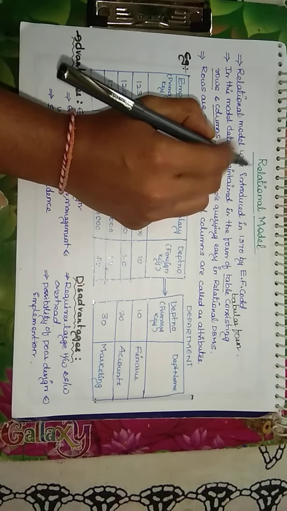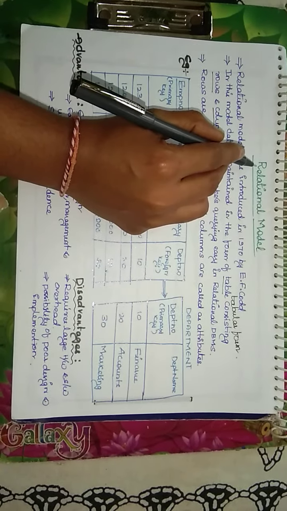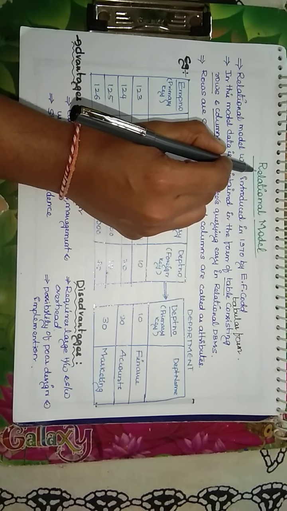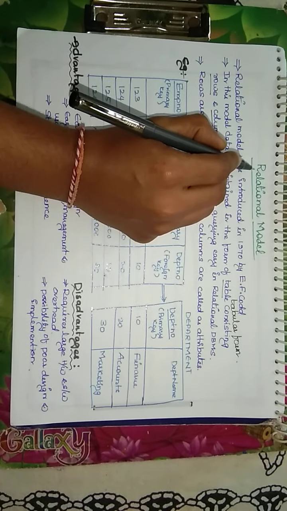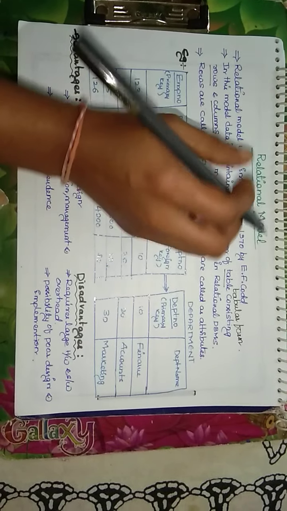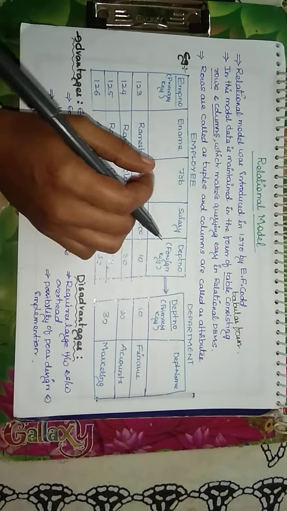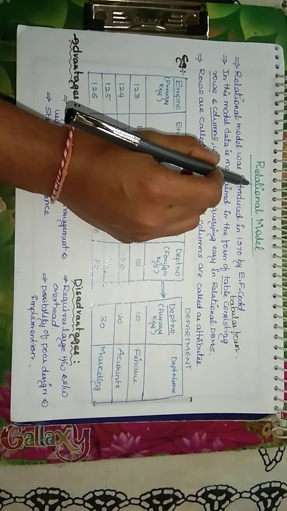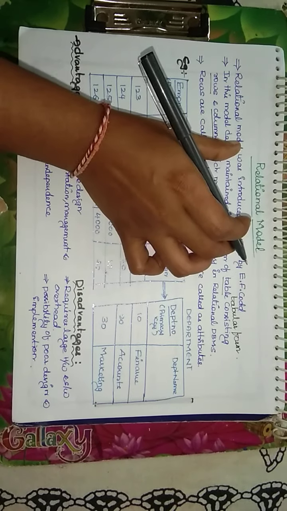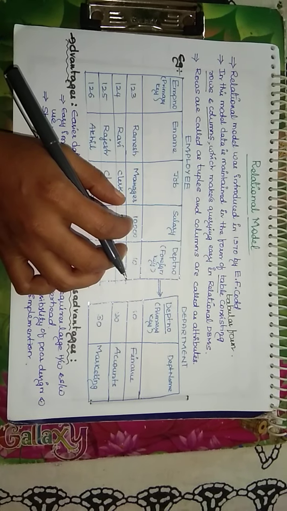When we learned RDBMS, Relational Database Management System, we already discussed that relational means the database maintains the data in the form of tables, which is called a relation. So this model is called the relational model.